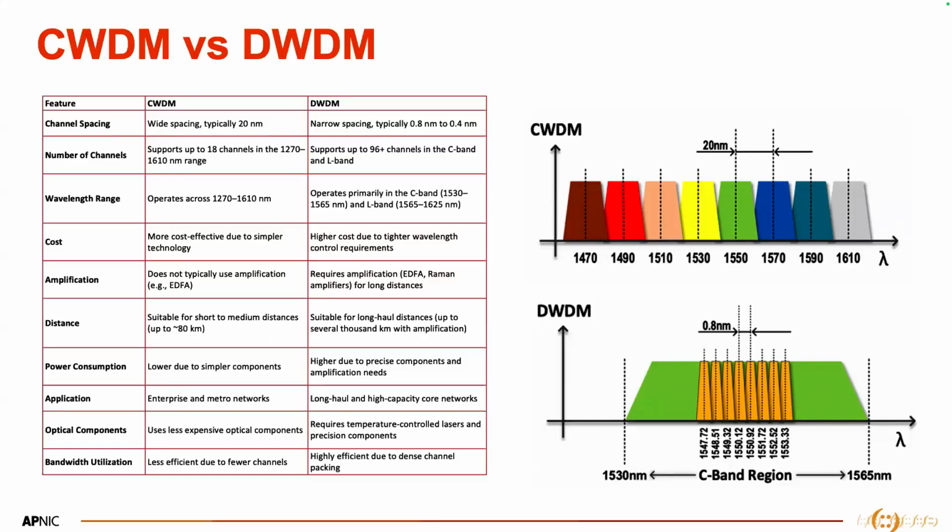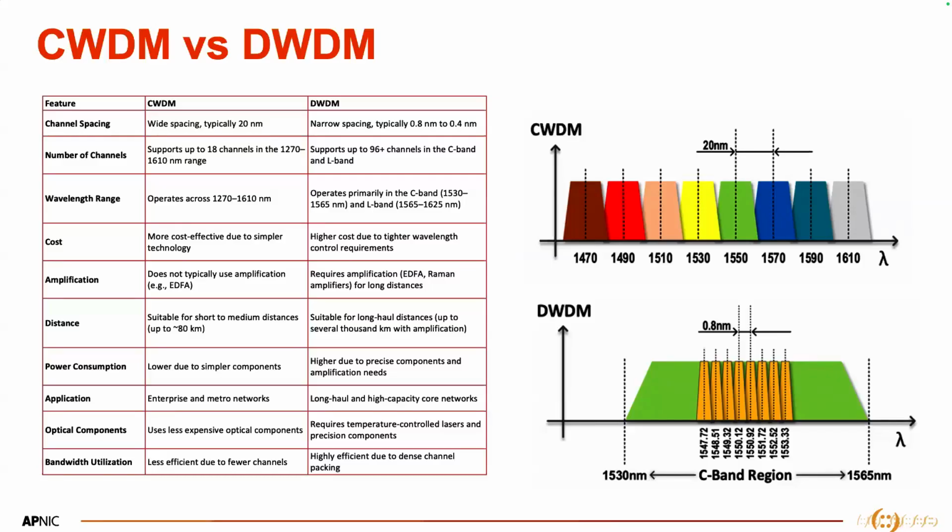The cost is significantly different. CWDM is significantly cheaper than DWDM. And the capacity is also significantly lower than DWDM. For DWDM, you can achieve a lot more compared to CWDM. So I hope that answers your question, Pavan.